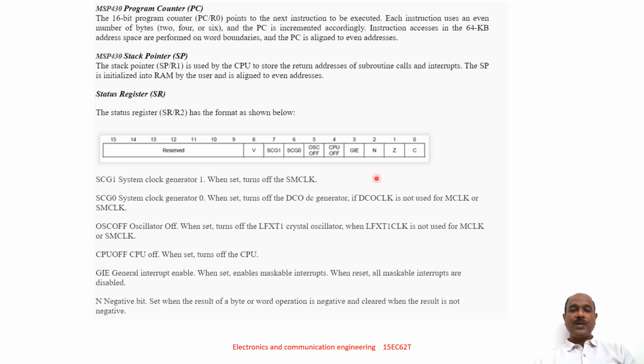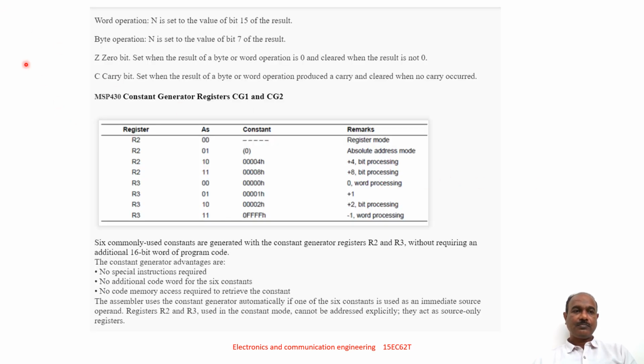Then there are two more registers. In the register file, if you see, there are two more registers, constant generator 1 and constant generator 2. These constant generators CG1 and CG2 are used to generate some constants.